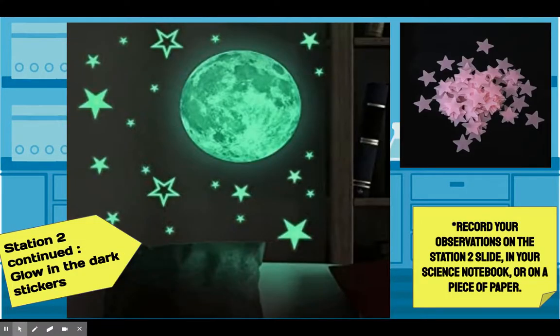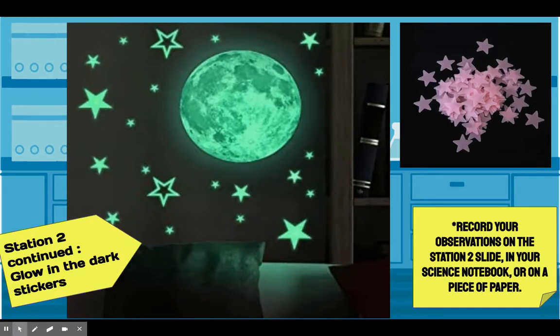And here's a couple of other examples. So here's another bedroom that's been decorated with glow in the dark stickers. Look closely at the stickers. How would you describe them? And in this picture, maybe don't just pay attention to the stickers.